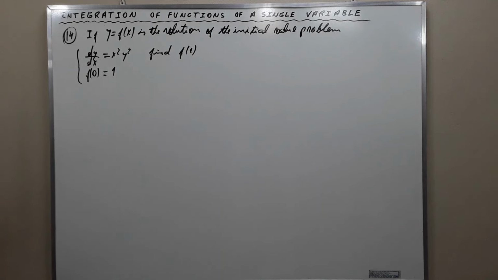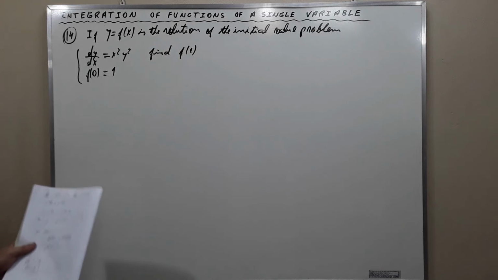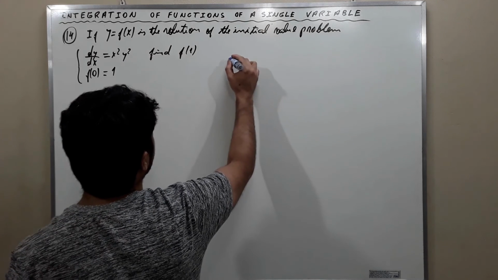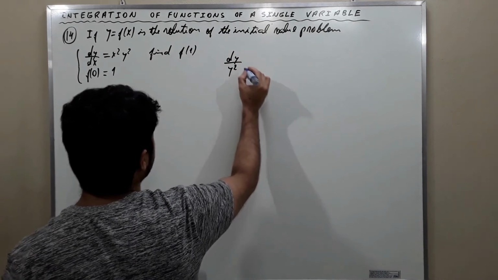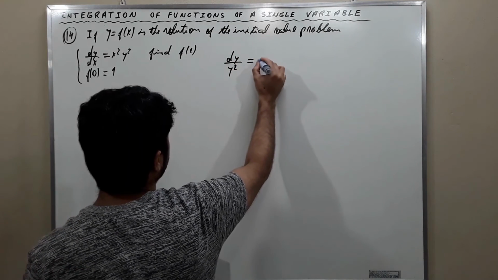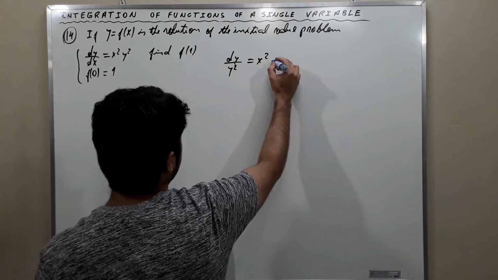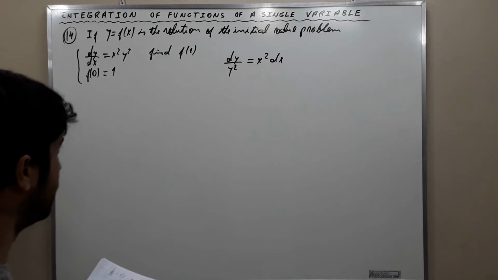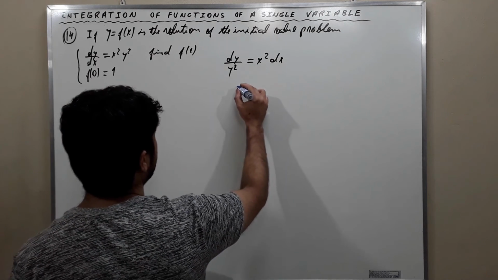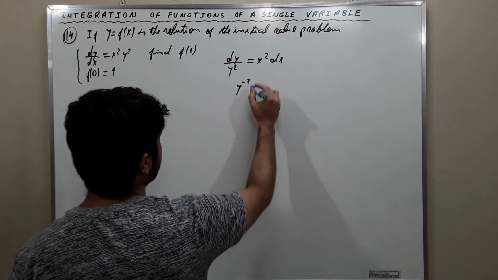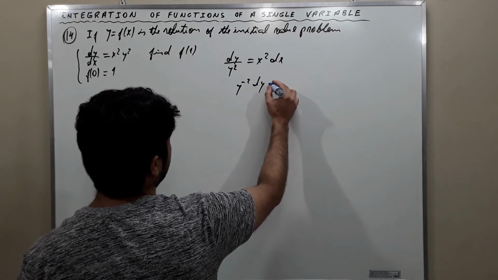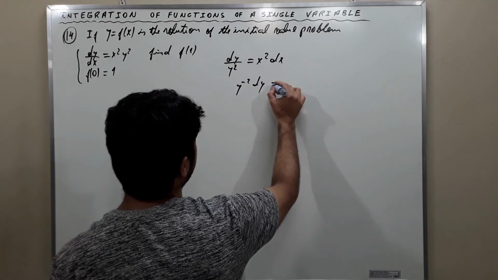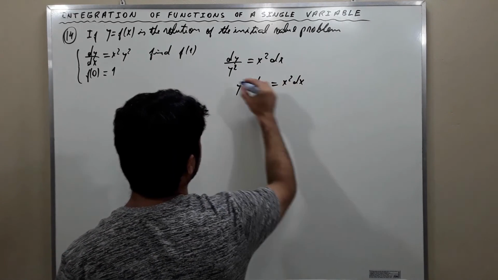Let's go to the solution. The exercise gives us this, and we are going to convert it into dy over y squared equal to x squared dx. We can write it a little differently: y raised to the power of negative 2 dy is equal to x squared dx.